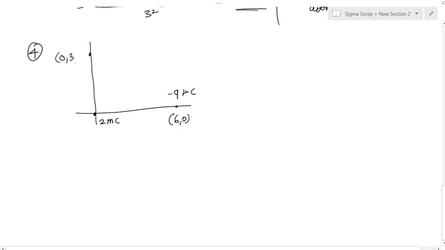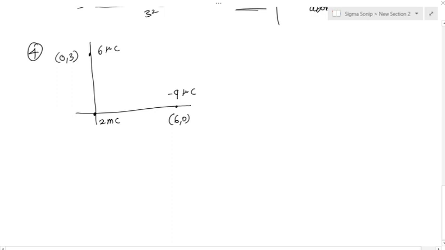And the final example that we are going to look at is like this. Let's say I have this configuration here. I have a charge of 2 millicoulomb at the origin, and the coordinates of this point are 6, 0, and I have a charge of 9 microcoulomb here, and the coordinates of this point are 0, 3, and I have a charge of 6 microcoulomb here.